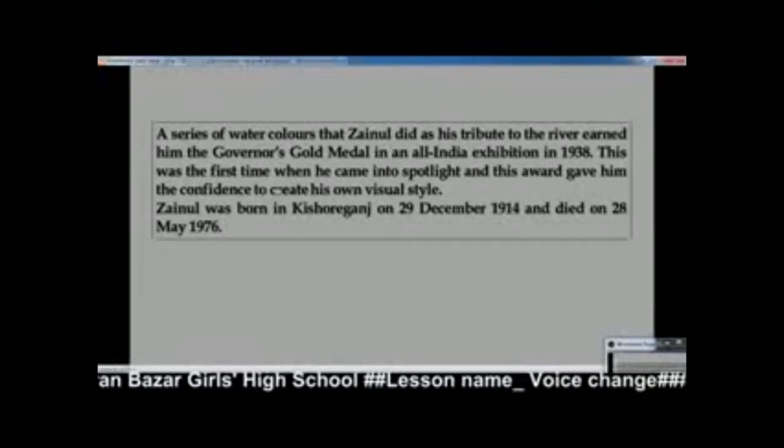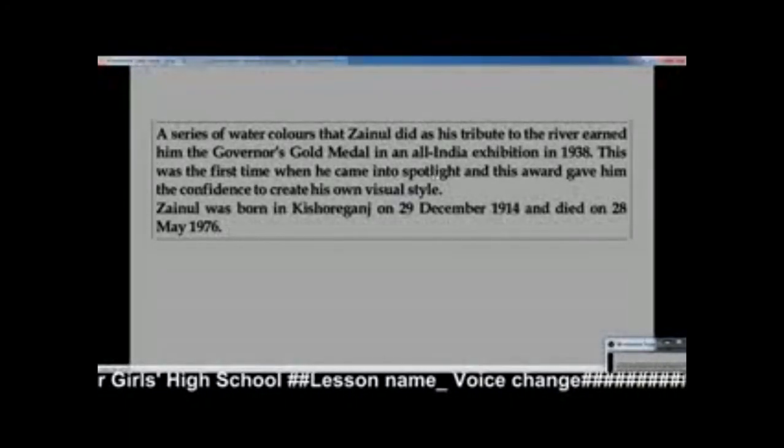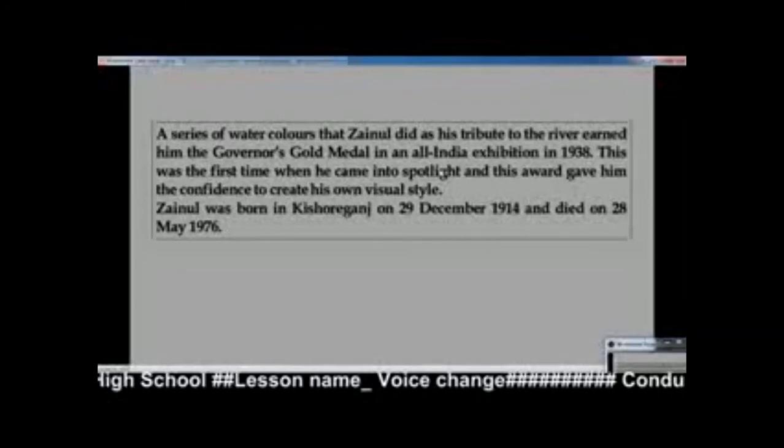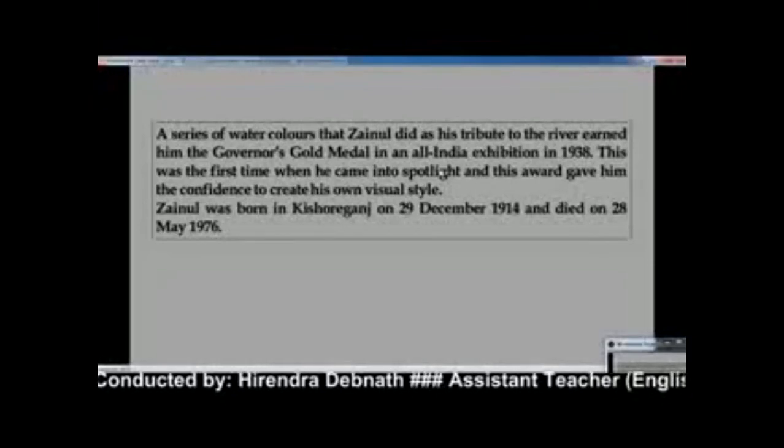This was the first time when he came into spotlight. Spotlight means focus, and this is the turning point to become famous, to come into focus, and this award gave him the confidence.